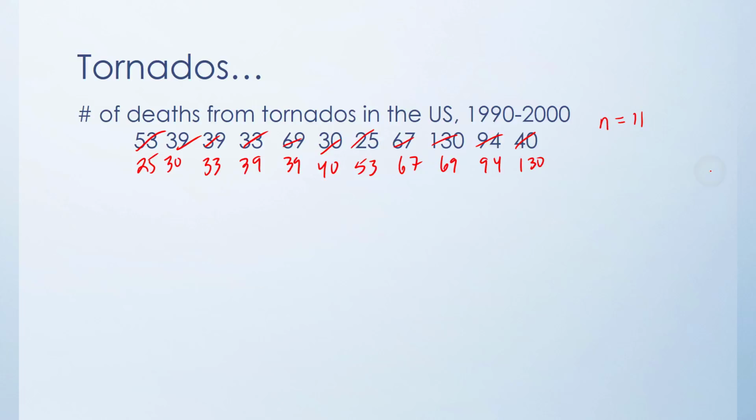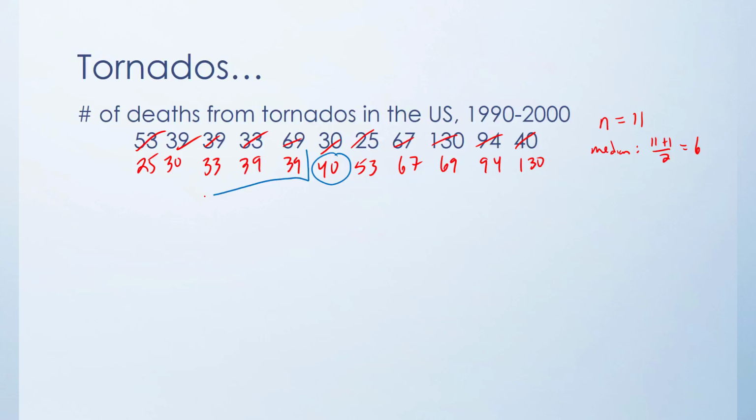So first we want to find our median, of course. And so we're in place number (n plus 1) over 2, which is of course 6. So that tells us that our median is that 40 data value, right? Okay, so now we're going to divide our data into the lower half and the upper half.